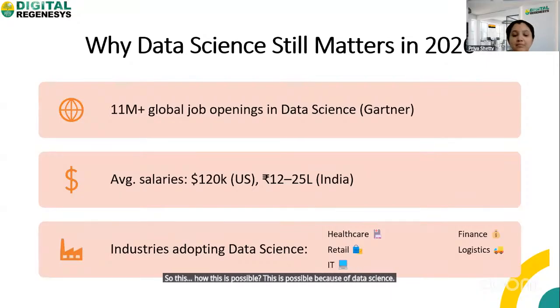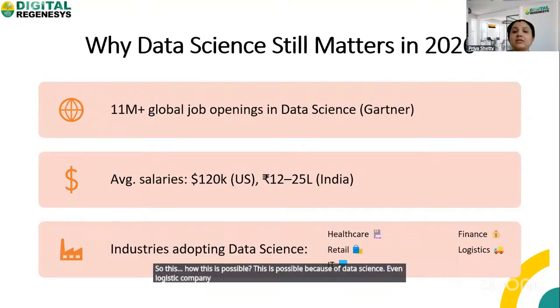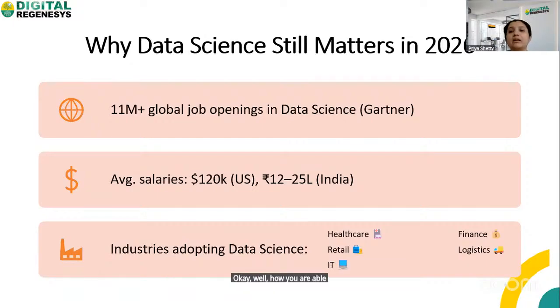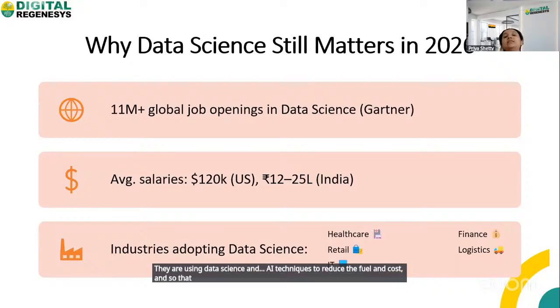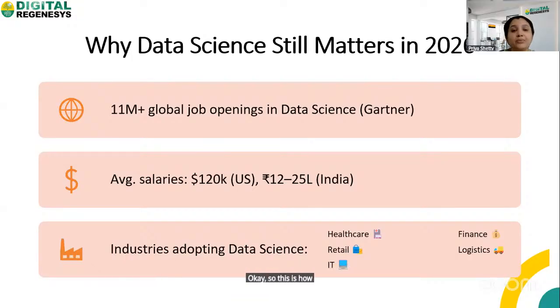Logistics and delivery companies are using data science and AI to optimize routes. That is how you are able to get a product in one or two days. They use data science and AI techniques to reduce fuel and cost, and to make sure that the delivery arrives within a certain period of time. This is how logistics is also using it.